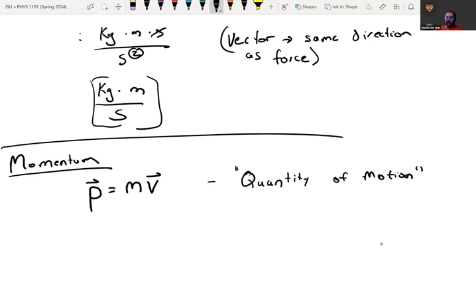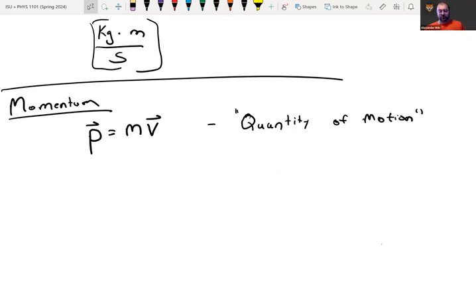Again, it's just mass times velocity, same direction as the velocity. And same direction as the impulse. Oh, by the way, the units: it's just kilograms for mass and meters per second for velocity.